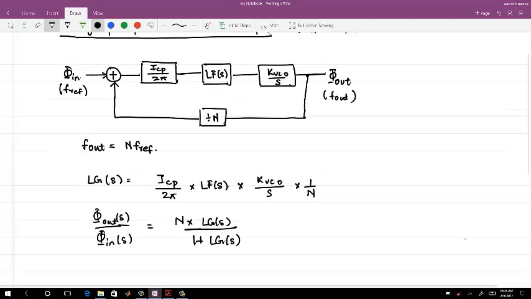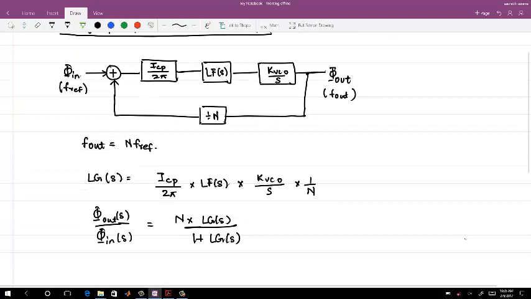Okay, so this is the open loop gain and closed loop gain of a clock multiplier.